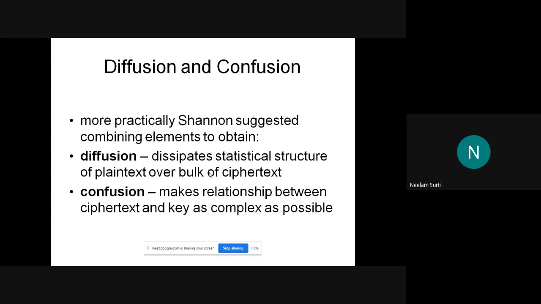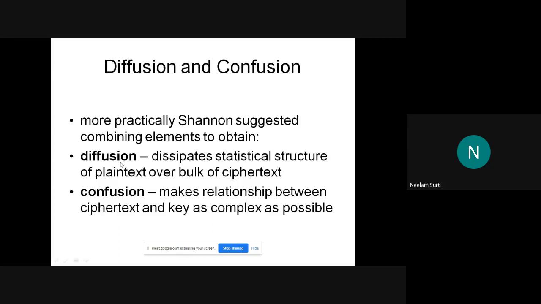That is diffusion. With this example, it is easy to explain the property of diffusion. It says that multiple ciphertext bits, or a bulk of ciphertext bits, have to be implicated from one plain text bit. So a single plain text bit affects multiple ciphertext bits. If this is satisfied, it is considered the diffusion property of any modern cipher.